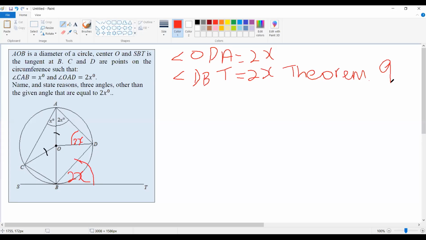Okay, and from here we can see that OA is equal to OC. All right, let me just show you all that here. OA is equal to OC. Right, so we can write that. OA is equal to OC.